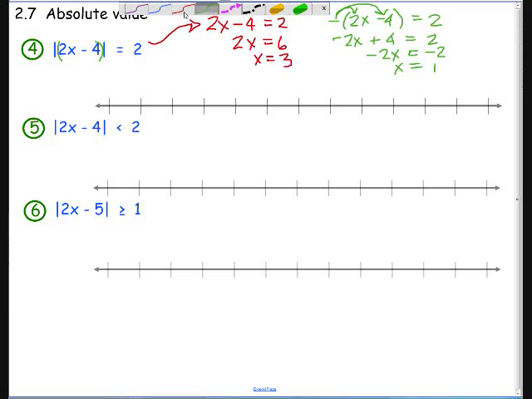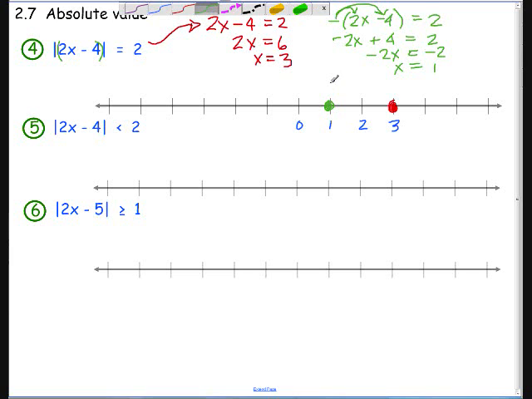So let me write in some numbers. So I've got 1, 2, and 3 that I'm really interested in. I've got this point here, and I've got this point here.